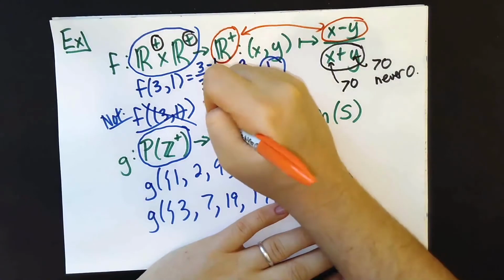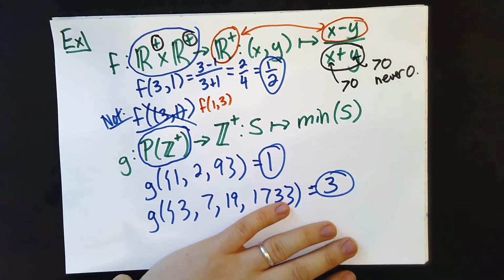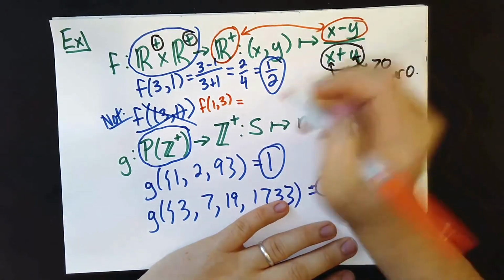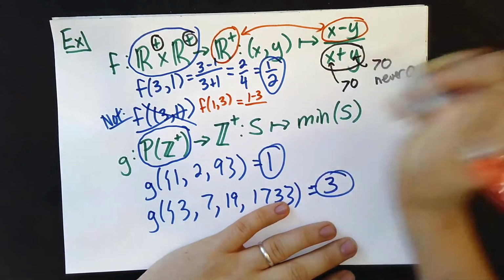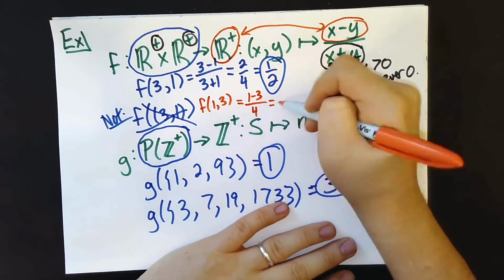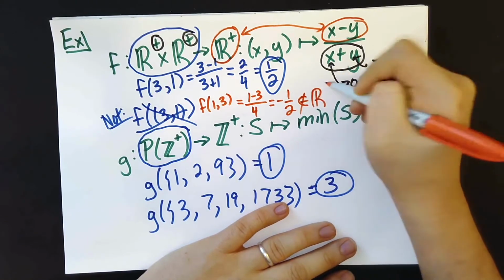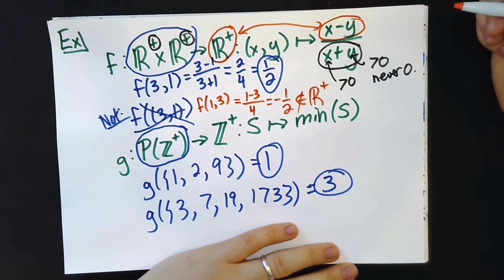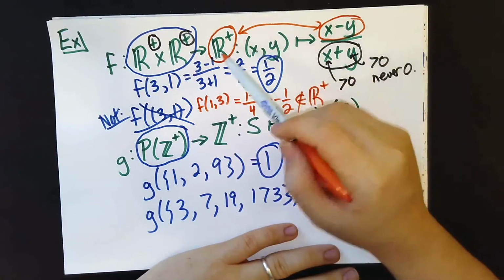For example, if you took f of 1, 3 instead of f of 3, 1, this formula would helpfully tell you, oh hey, I'm going to get out 1 minus 3 over 4, which is minus a half, but that is not a positive real number. And so, regrettably, this does not end up defining a function.